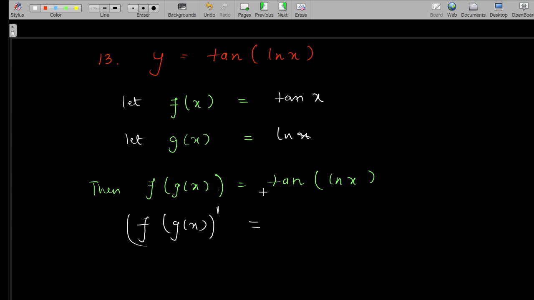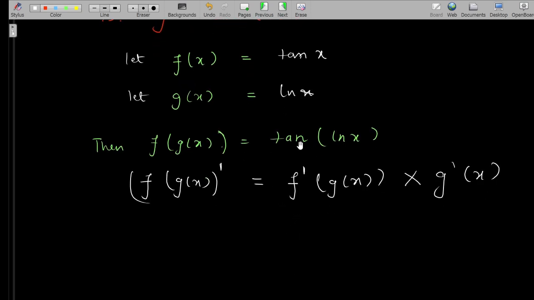You have to write the chain rule. So then it is f prime of g of x times g prime x.